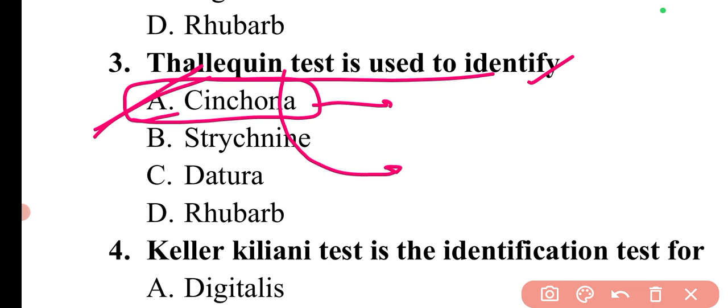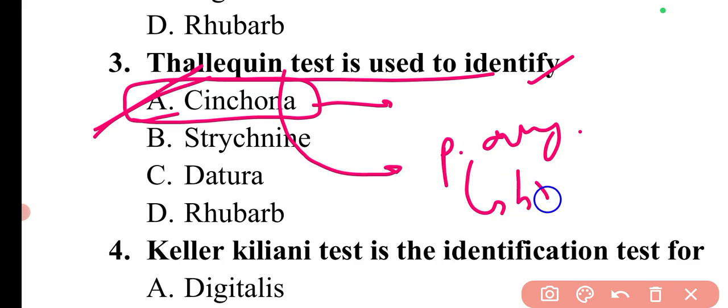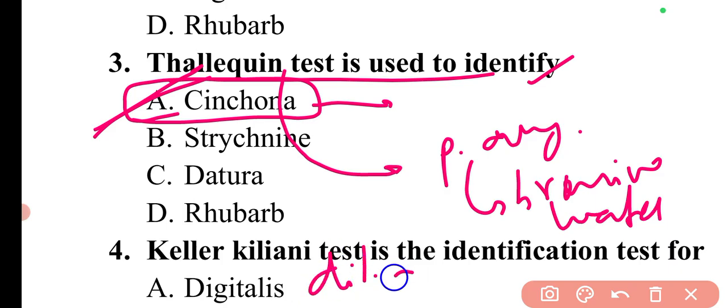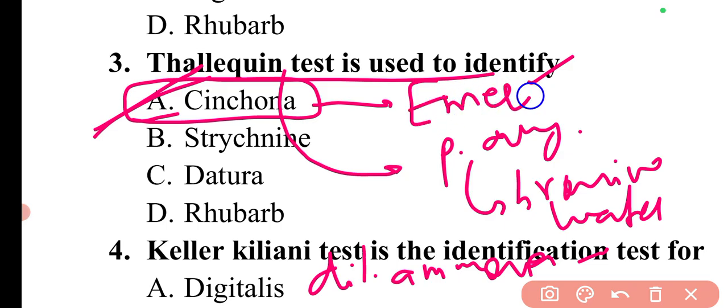In this test, we take the powdered drug and add bromine water and dilute ammonia solution. The powdered drug will give emerald green color with bromine water and dilute ammonia solution. So this is the Thalleioquin test.